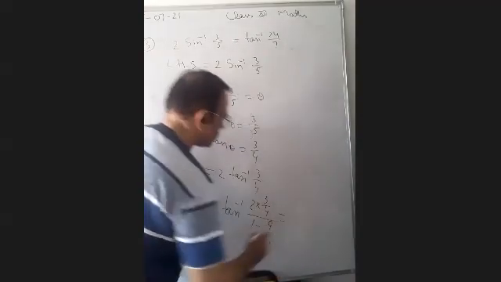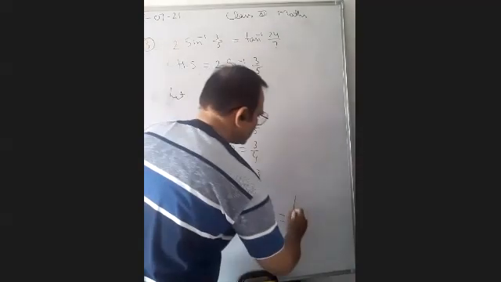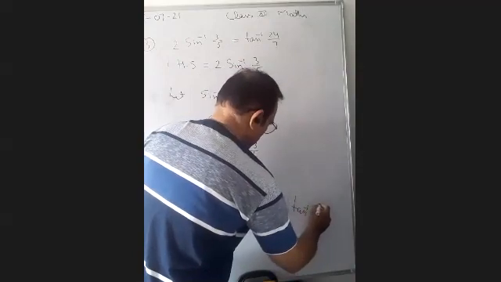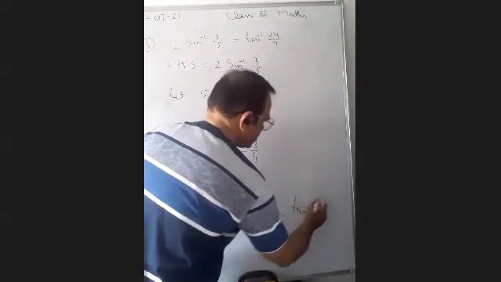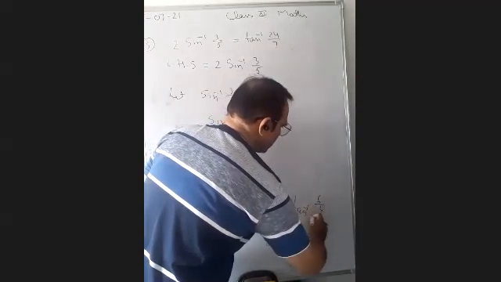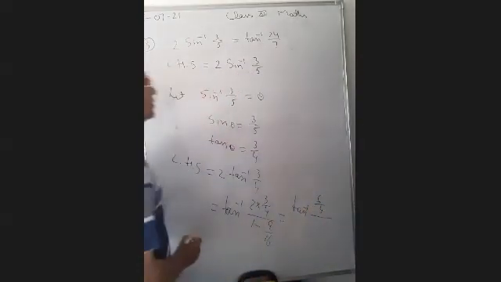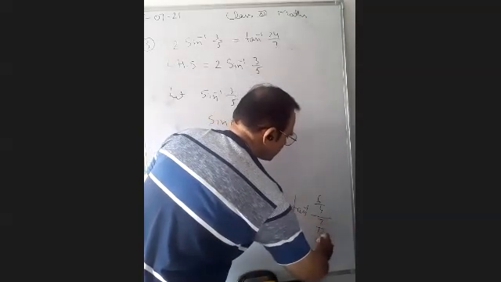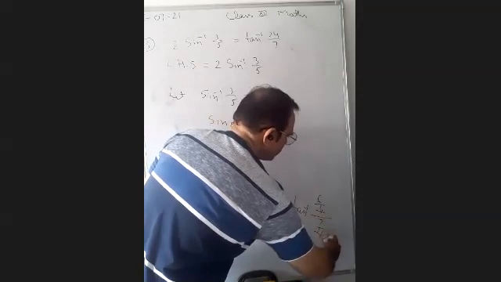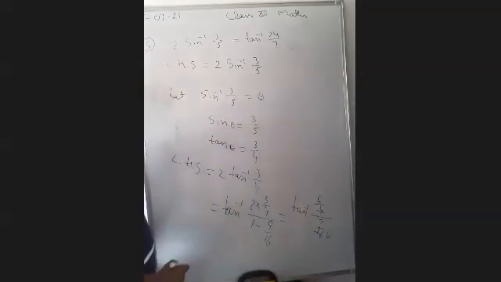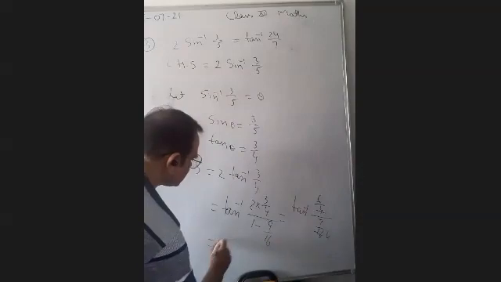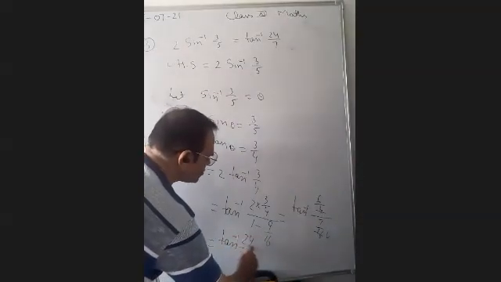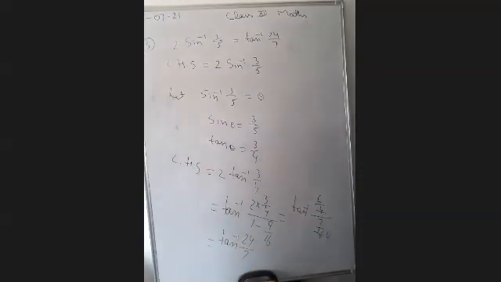It will be equal to tan inverse 6/4 divided by 16 minus 9, that is 7/16. So 4 times 4 is 16, multiplying by 4 it will become 24, tan inverse 24/7, which is equal to the right hand side.